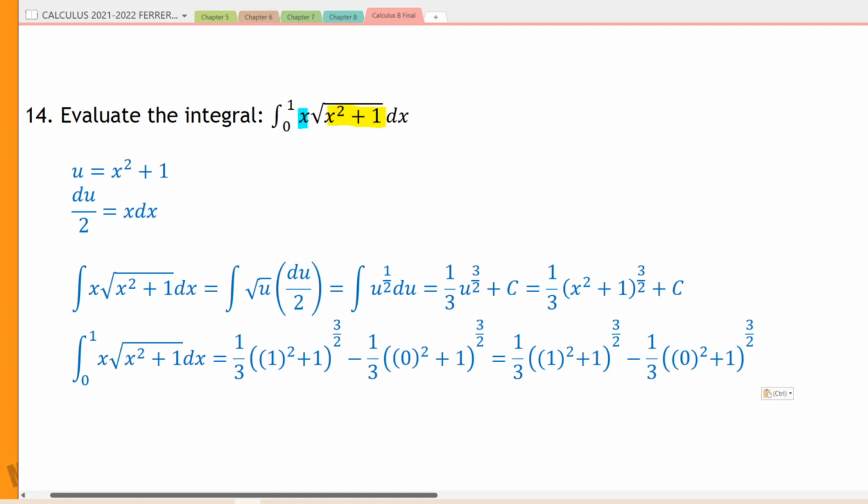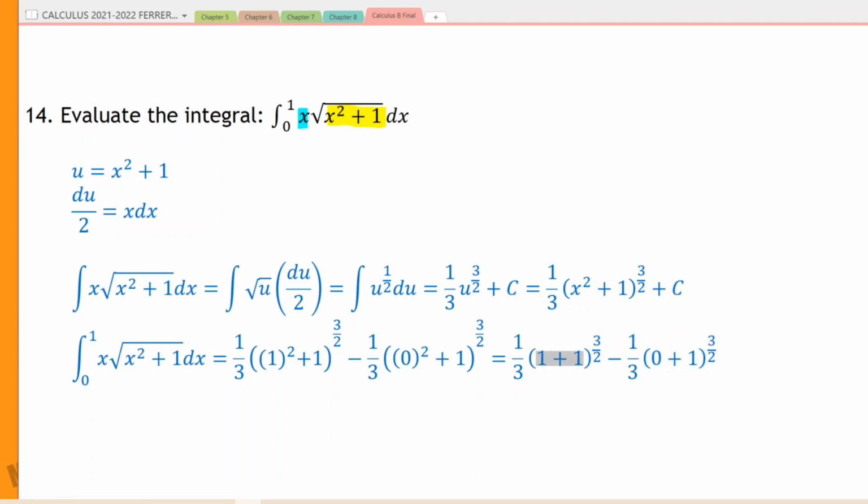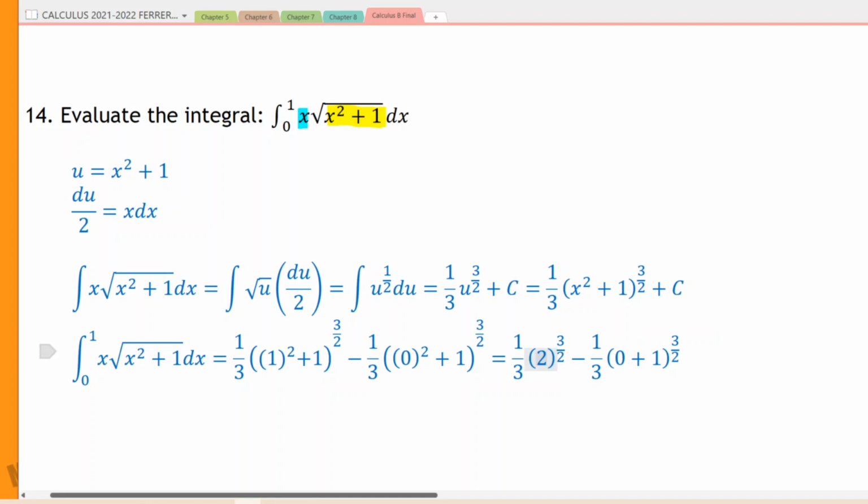First, we'll deal with those powers. Whoops. Then we'll do some addition. Now 2 to the 3/2 power, I don't have a number for that, but I can simplify that or make it cosmetically nicer.